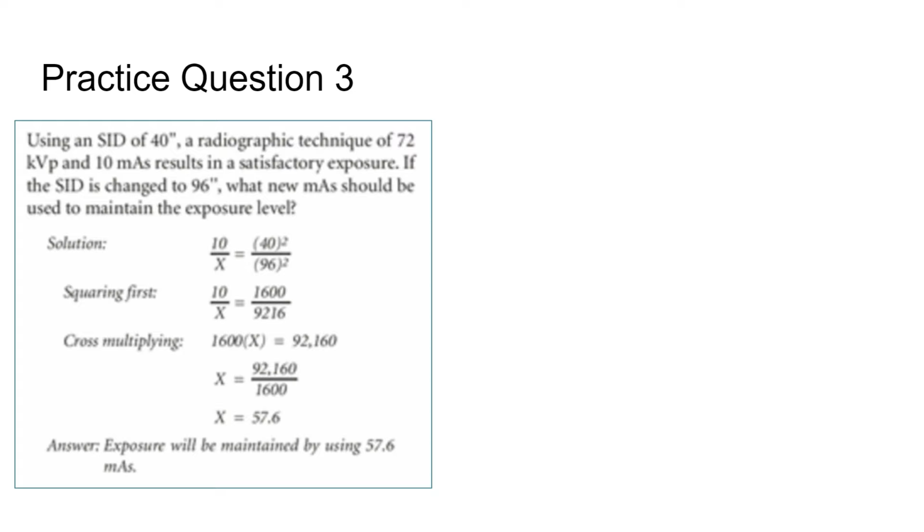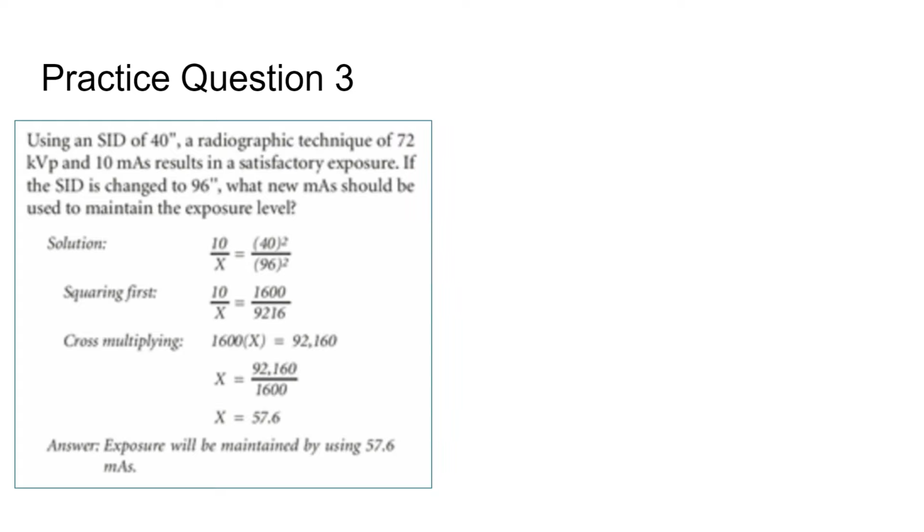Okay, so 10 over x equals, can you reduce the fraction? Feel free to do any of those things if you want, but you have a calculator, just use big numbers so that you don't make a mistake somewhere. Right? So 40 times 40 is 1600. 96 times 96 is, I don't know. 9,216.